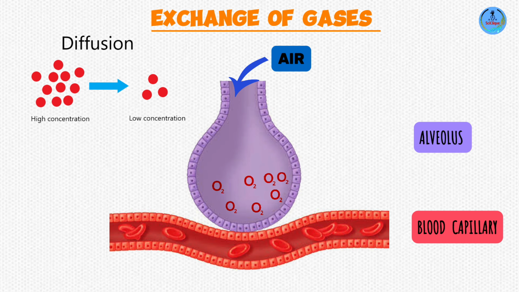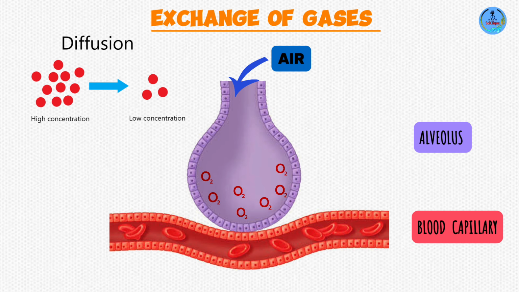In this case, the alveoli are going to have a high concentration of oxygen because this is present in the air that just came in from the atmosphere. Now, in the blood present within the capillaries, you're also going to have oxygen, but at lower concentration. Little of it is present. So, as such, we have a concentration gradient.